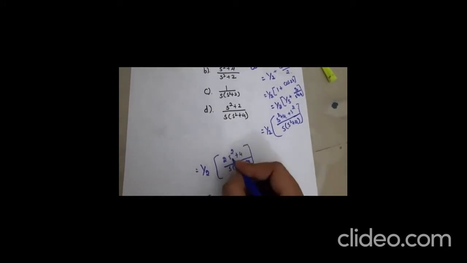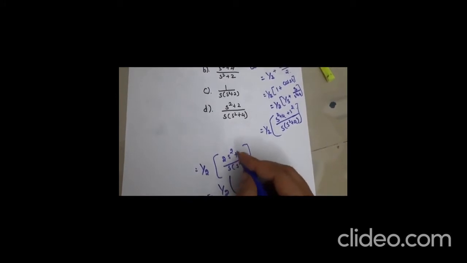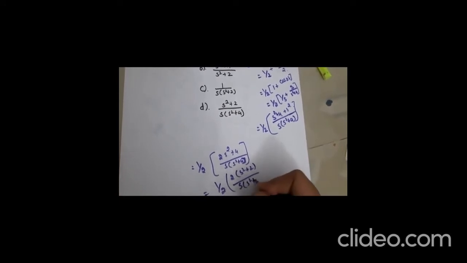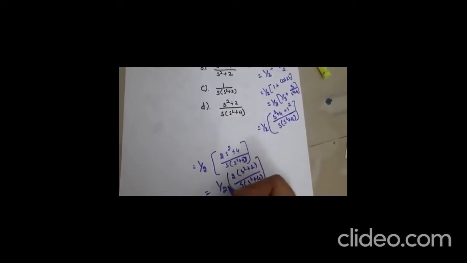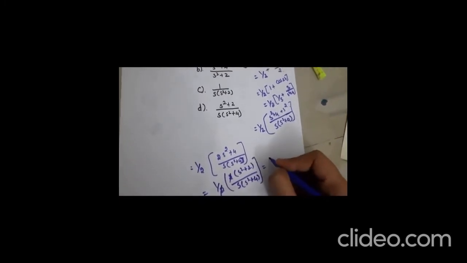So taking 2 from this 1 by 2 and taking 2 from this equation, that is 2 into s square plus 2 divided by s into s square plus 4. So this 2 and 2 get cancelled. Now it becomes s square plus 2 divided by s into s square plus 4. So this is the answer.